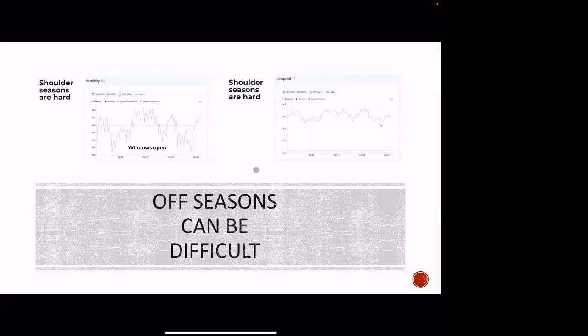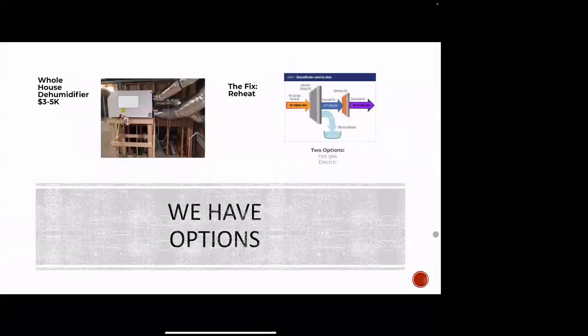We see dew on the ground, right? Well, chances are if you're seeing that outside, you're going to see that inside if you have windows open and you don't have some sort of control. So we have options. There are multiple options on fixing this and helping with this, even in those shoulder seasons, or those off seasons of spring and fall.